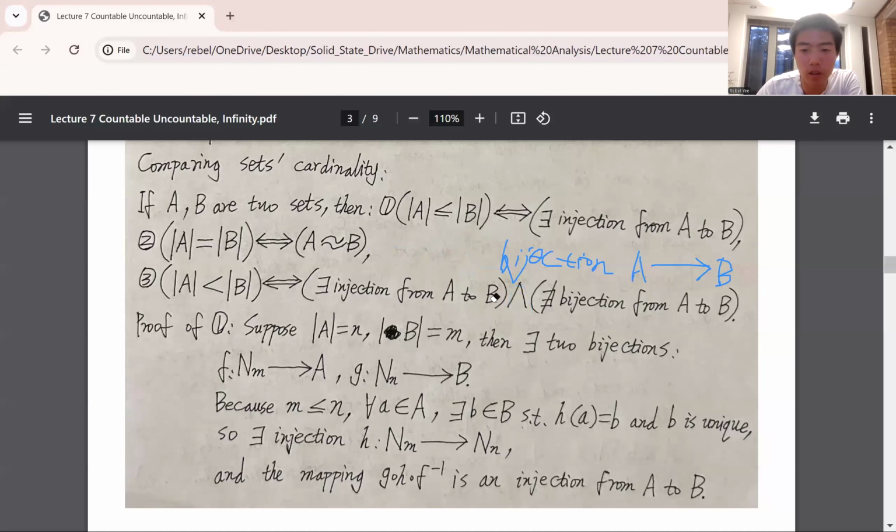All right, so maybe we'll see one proof here. Prove the first one. Suppose A's size is N and B's size is M. Then there exist two bijections.